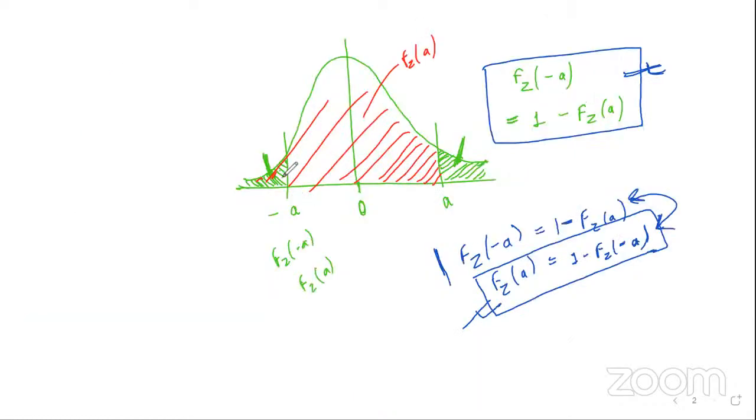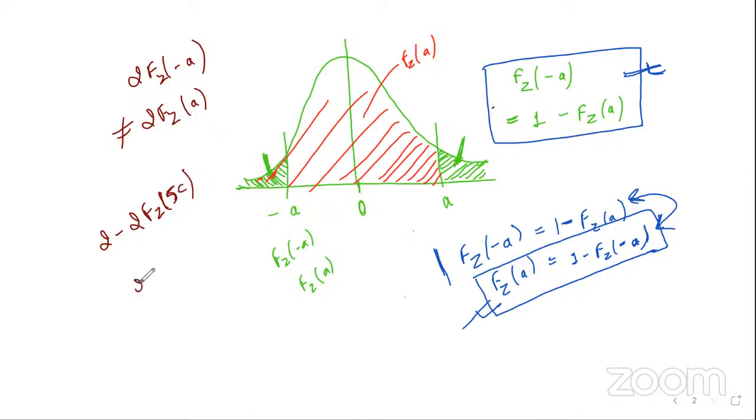See, this shaded region in the green, we can write it as 2 times Fc of minus a. But this is not equal to 2 times Fc of a. Isn't it 2 minus 2 Fc of 5c?